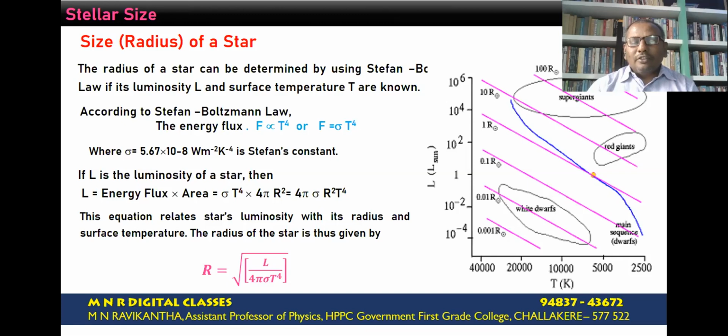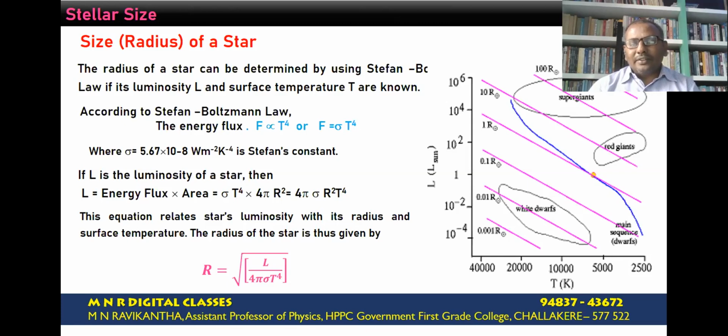for less luminous stars, the radius is also small. White dwarfs have a radius of 0.01 times the solar radius, and they occupy this position. Main sequence stars are 0.1 to 1 times the solar radius.